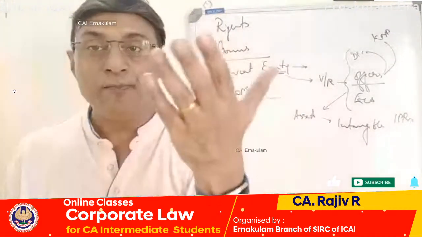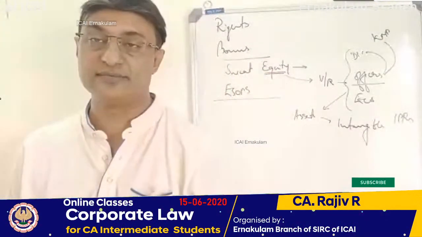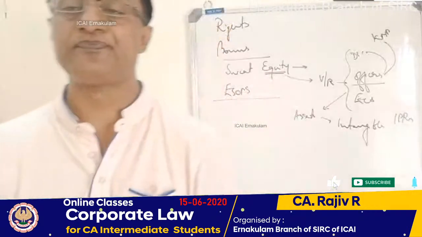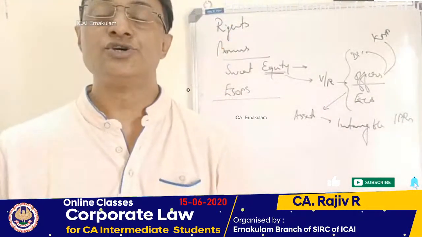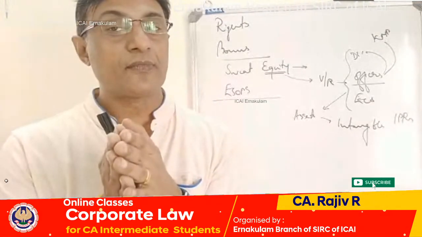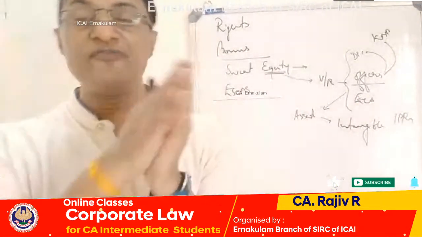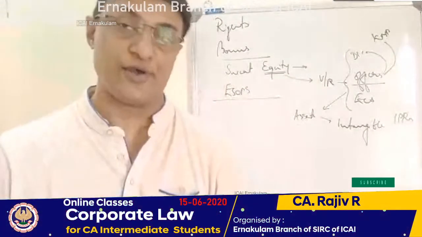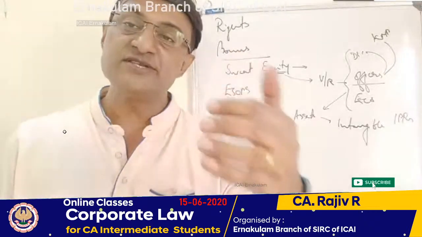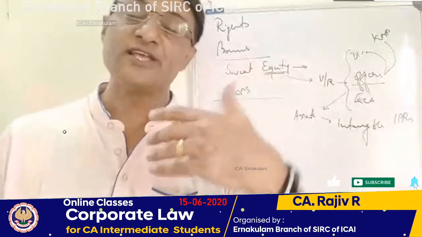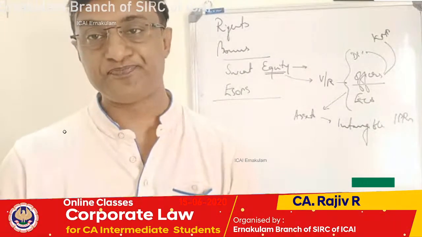And he is compensated, he is paid in the form of shares of the company. So sweat equity shares are shares issued by a company to its officers, directors, key managerial personnel or employees to compensate them for having supplied certain intellectual property rights.